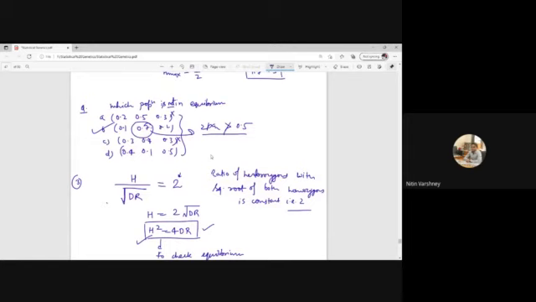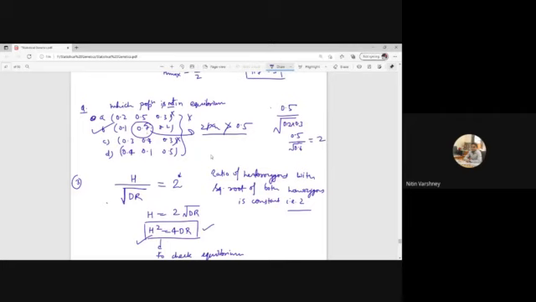So let me check. If I take option 1, this is 0.5 divided by under root DR. So under root DR will be like 0.2 and 0.3. Likewise we can calculate. So this will be 0.6. So it is not coming constant. This is not coming 2. So we can say this is also not in equilibrium.